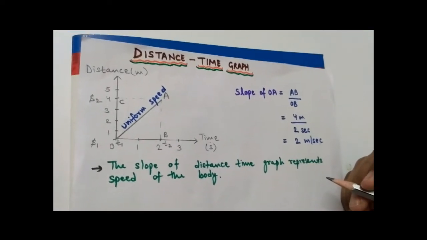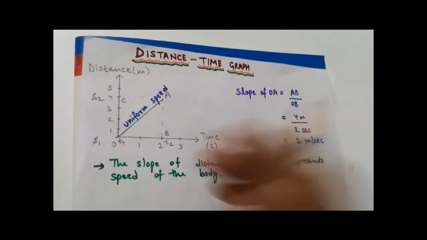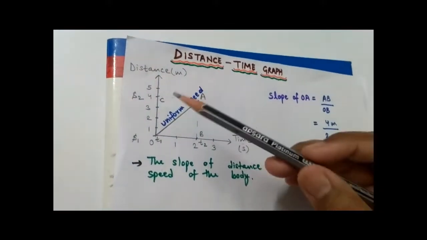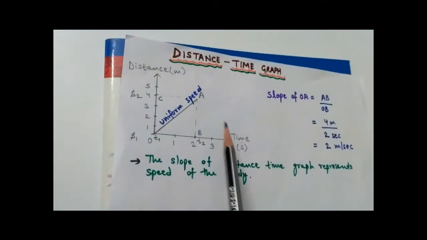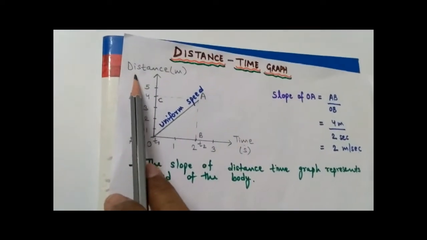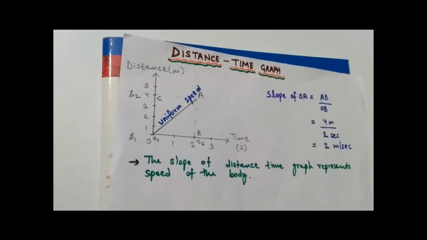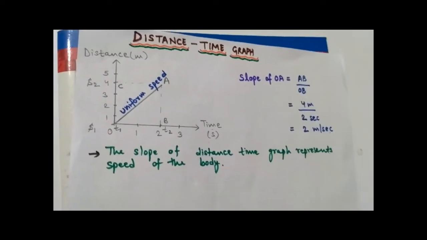But here we are not comparing two similar physical quantities. We are comparing two different physical quantities. Here we are comparing change in the position with respect to time. The physical quantities are distance and time, and they both have different units. That's why here meter per second has come.